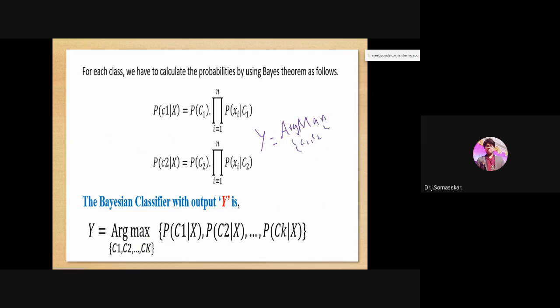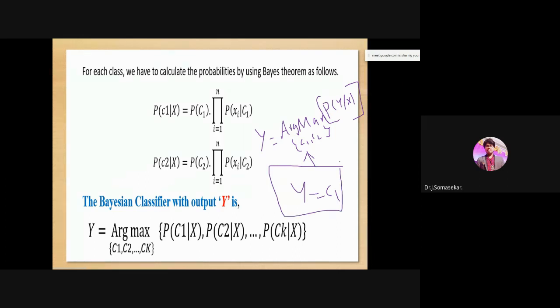Let us assume binary classification; here y could be either C1 or C2. This is the final classifier. So y means C1, C2, and so on up to Cn. We have to find the maximum probability, and then look for which class it corresponds to, and finally we can make it y equals C1. That is the meaning of argmax. I think the intuition is clear.